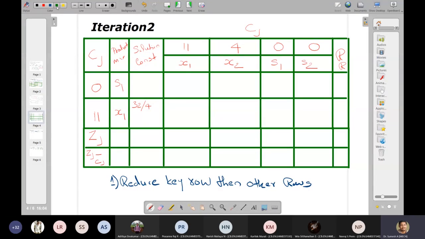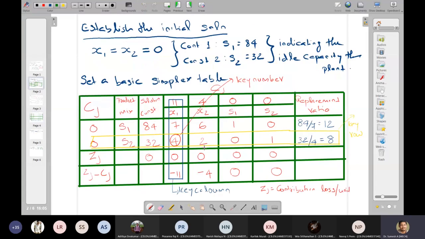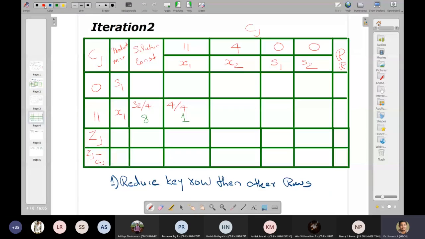In the next one, 4 was the element in the previous column and 4 was the key number. So 4 by 4 will be 1. The next value is 2, so here it will be 2 by 4, which I can reduce and write as 1 by 2.